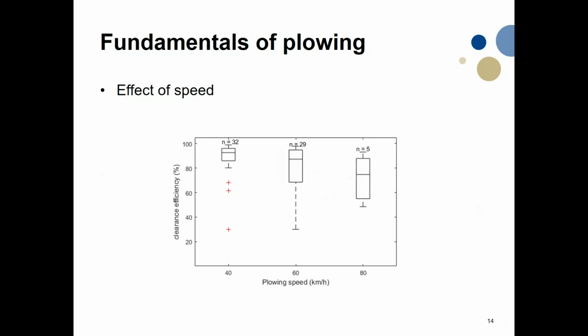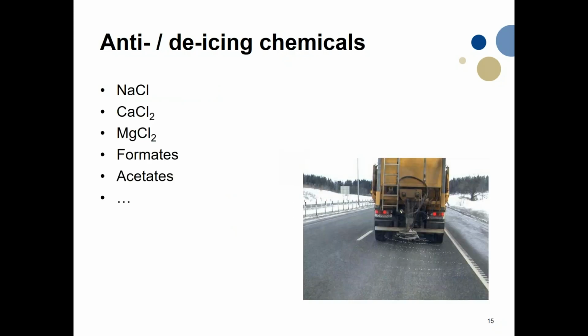So that was basically some introduction on the plowing. Let's now talk about anti-icing and de-icing chemicals. Because anti-icing and de-icing is heavily discussed in the field, and there are different types of chemicals used.